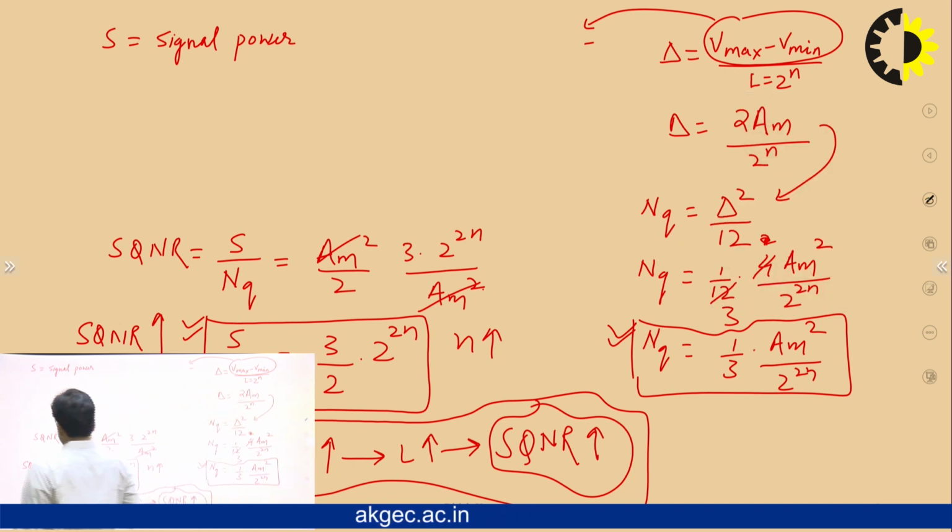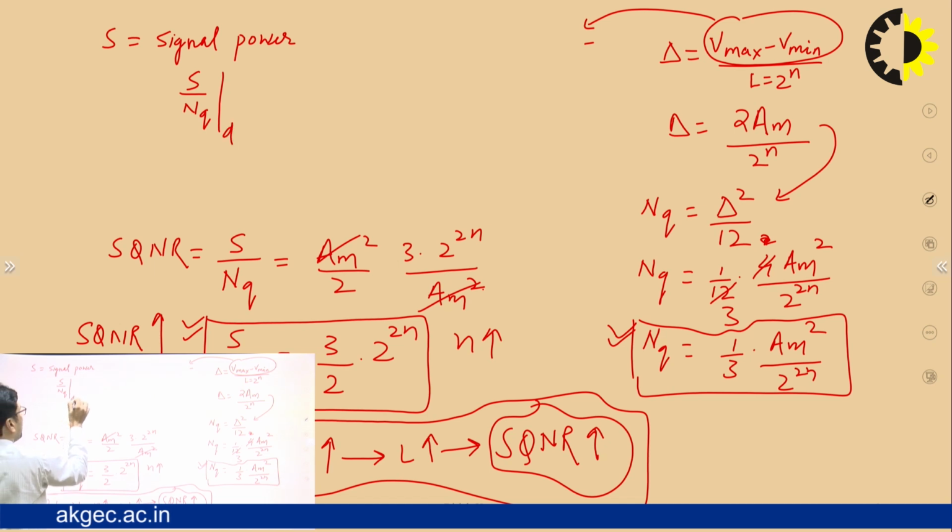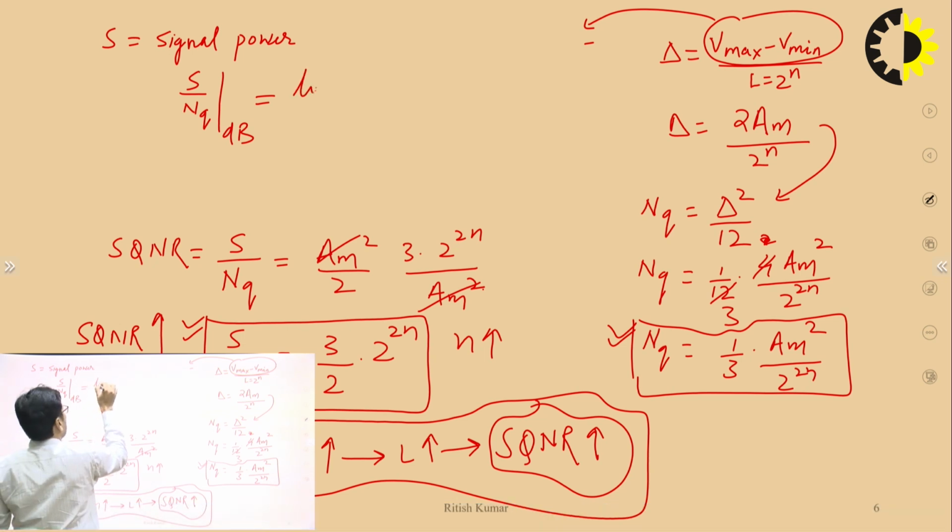So in terms of log scale, this SQNR, if you take the log of this, you will get it in decibel. In decibel, this is 10 log base 10 of 3 by 2 times 2 to the power 2n.